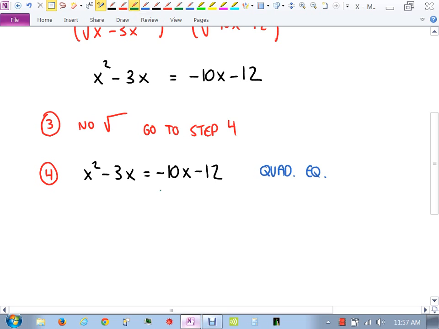So what I'll do here is I will add 10x on both sides, and I will add 12 to both sides. And in doing this, my right side becomes 0, and my left side becomes what? X squared plus 7x plus 12.